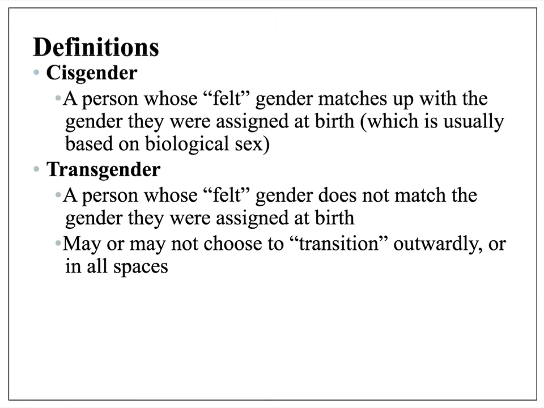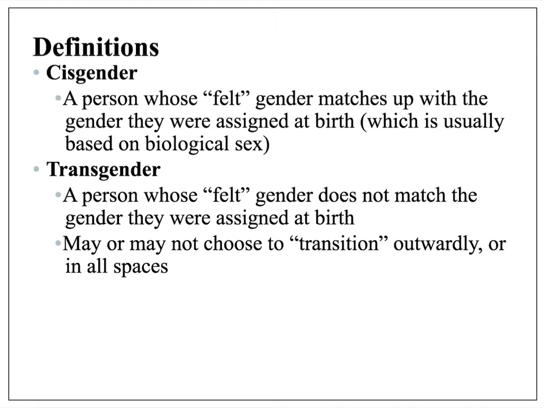However, that's not always the case. In popular culture, we have seen a very courageous person, Bruce Jenner, transition to Caitlyn Jenner. This is something that happened late in her life, but it is a person whose felt gender does not match the gender that they were assigned at birth. Some people who are transgender may or may not choose to transition outwardly or in all spaces.